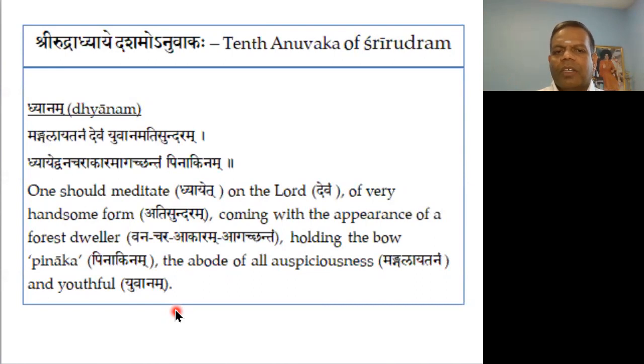Okay. Atisundaram. Because of that, he is so beautiful. Because all auspiciousness is inside him, he is beautiful and youthful. Youth means that which can do a lot of action. So the Lord is coming so that he can ably, effectively kill all animal qualities.